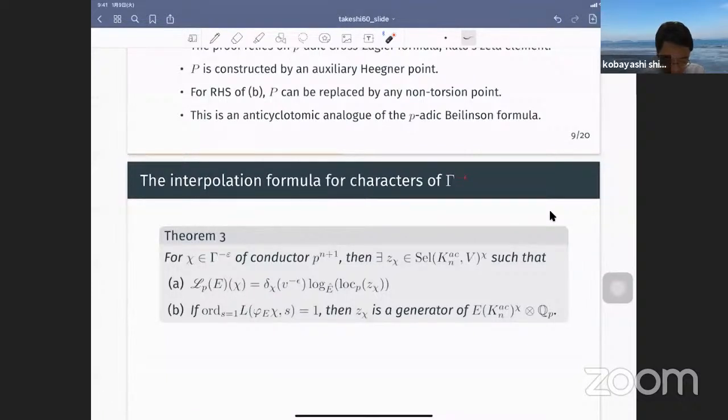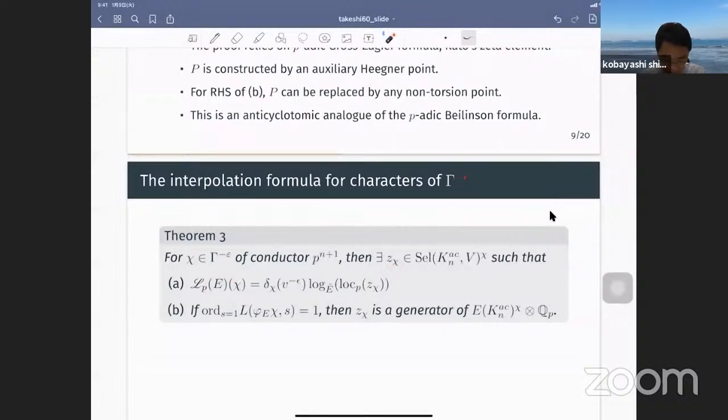For such chi, there is a rational point in the Selmer group, not in the Mordell-Weil group but in the Selmer group, such that the value of the p-adic L function at such chi is written as follows. So actually the log of the rational point, a point in the Selmer group.